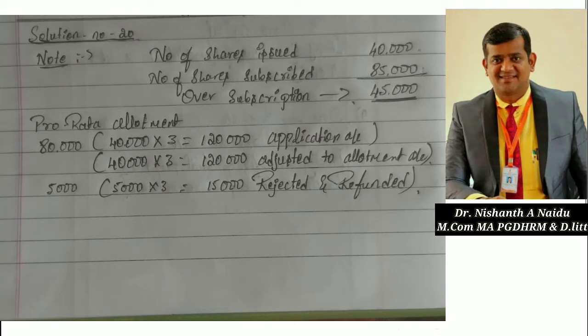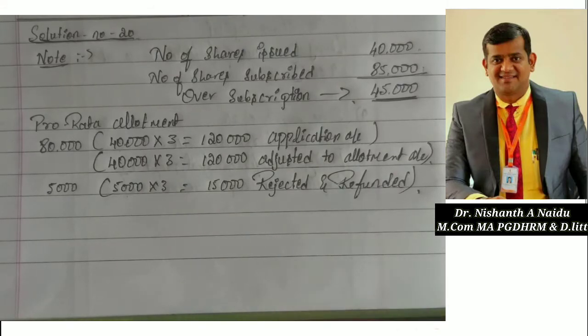Clear? That is, working notes to identify the number of shares applied by Mr. Kumar, then the allotment money due by Mr. Kumar, then the net allotment money received. All this we have to calculate.